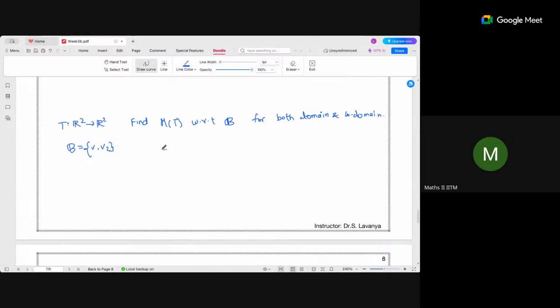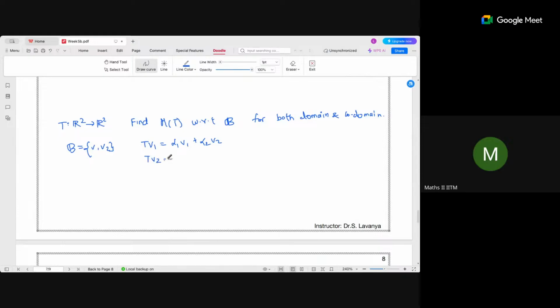For this, you find T V1, okay, and whatever you are finding, you express. Now this is a basis, so express it as, let's say, alpha 1 V1 plus alpha 2 V2.